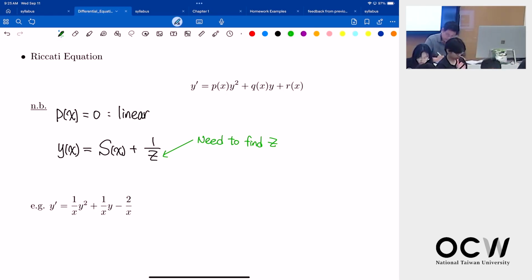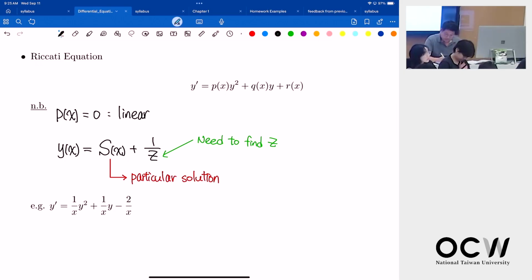And then you may ask, what is S of x? S of x, we call that the particular solution, and normally we will guess it, or find it by observation.